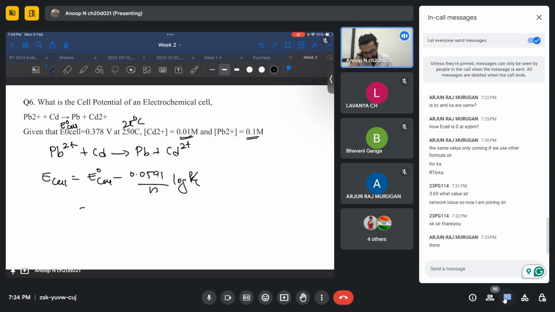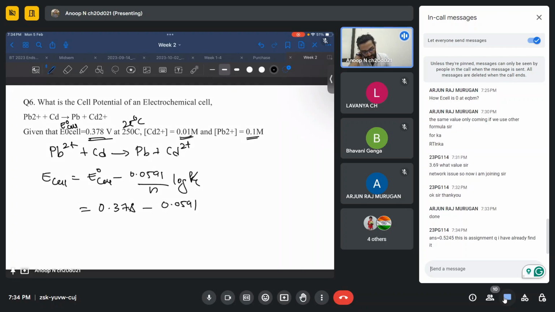So it can be written as 0.378, that's the value given, minus 0.0591 divided by n. How many electrons are involved? It's 2 plus, 2 minus, so 2 electrons are involved. So by 2 log of product concentration, that is Cd2+ concentration divided by Pb2+ concentration. So what will be the value coming? Can one of you finish?